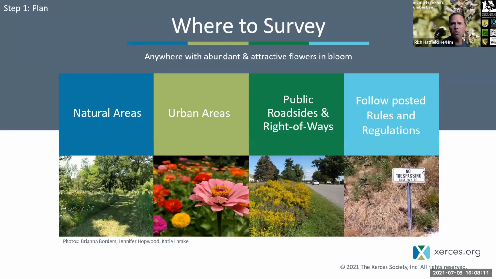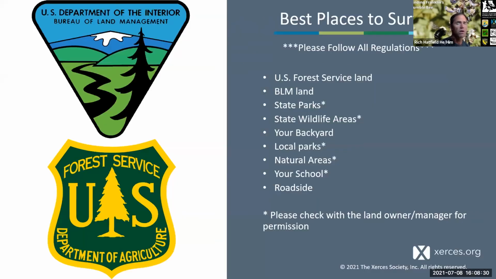We've talked some about which areas are the best to survey. For this species, we really want to look everywhere: natural areas, urban areas, public roadsides and rights of way. But again, make sure you have permission to survey where you are and follow all posted rules and regulations. We've talked that BLM and Forest Service land are really the best places to survey.